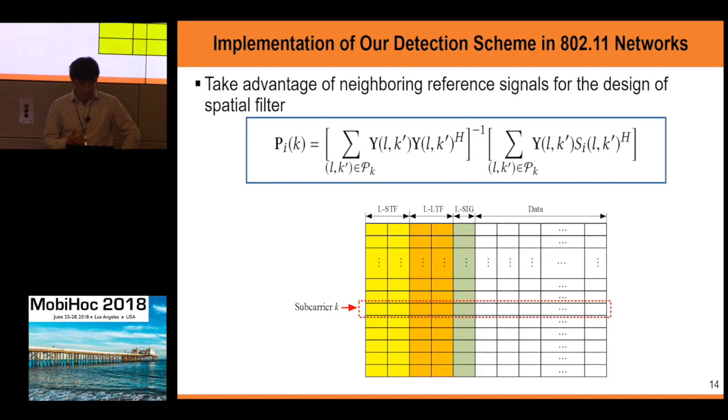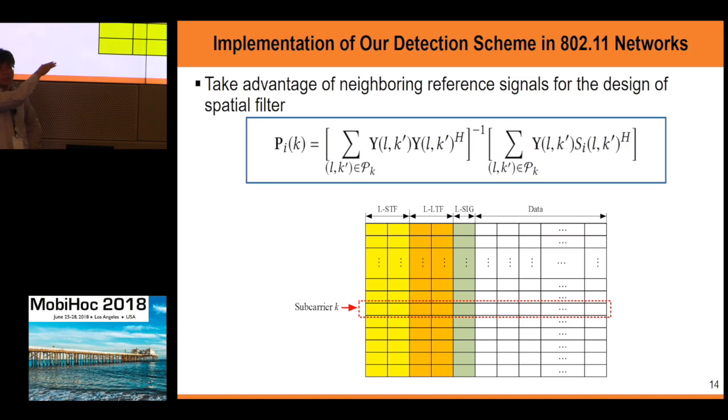So this is the frame structure of 802.11. The legacy 802.11 frame is the most efficient frame, so we consider the legacy part. Let's say we want to design subcarrier K as a spatial filter.